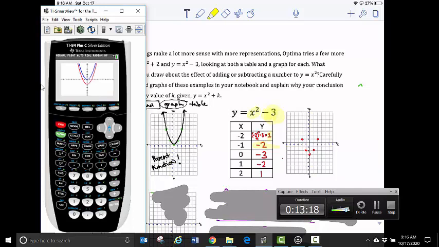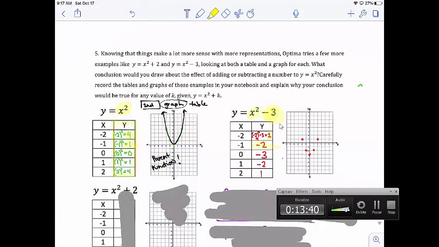And if you hit second table, you can actually see it's 0, negative 3. So at 0, it's negative 3. If you want to push up, there it is. Okay. Negative 2 is 1. Negative 1 is negative 2. Here's your values, and here is your new picture. What happened? It went down 3.